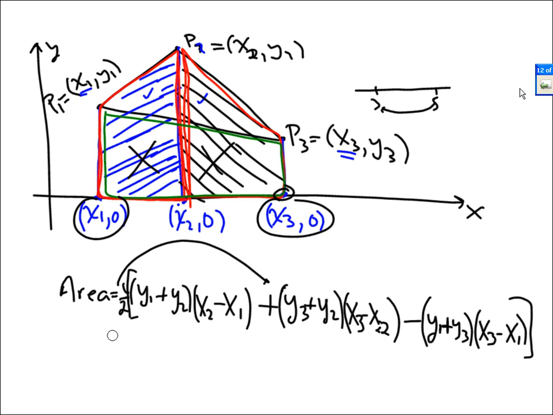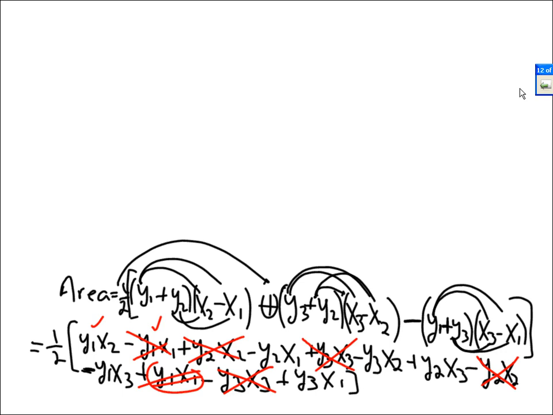Now, let me write down what we have. Remember, the 3 points were x1, y1, x2, y2, and the third point was x3, y3. We'll write down what that equals, and then we'll look at it a different way. We'll look at a determinant and see if there's a determinant that coincidentally gives the same answer.